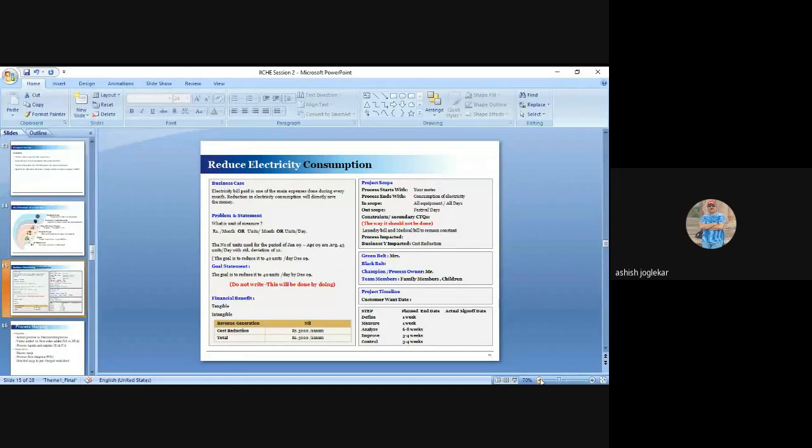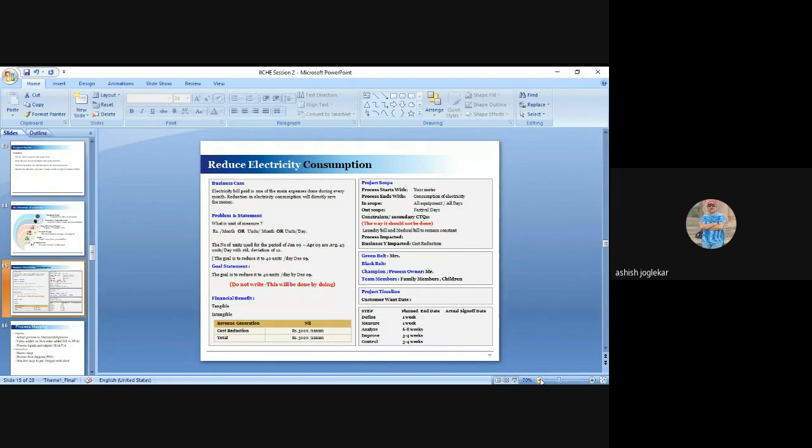So he is telling clearly 45 units are consumed every month, the average for the last 3 months. I want to consume less than 40 units, I want to improve in the next 6 months. So in 6 months, I will see that my problem is solved and my electricity consumption will reduce. Now, while taking the unit of measurement, it is very, very important to be very specific.